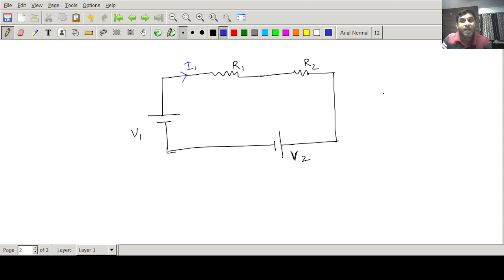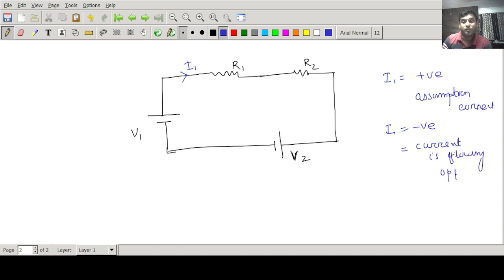If I get a positive current value, then my assumption is correct. If I get a negative current value, then my assumption is wrong, and the current is flowing in the opposite direction.